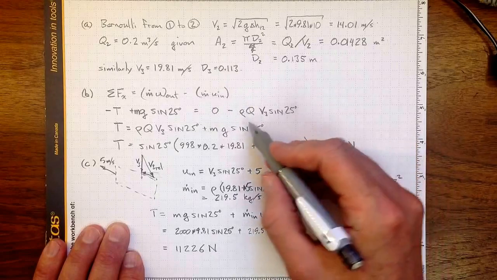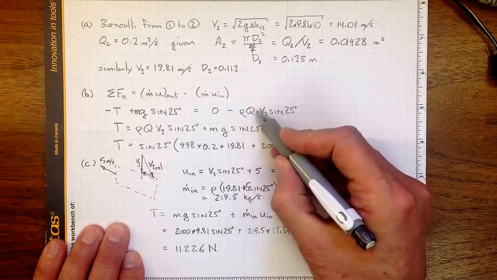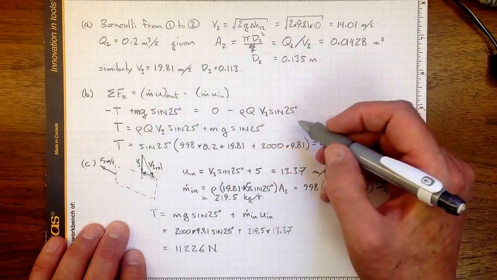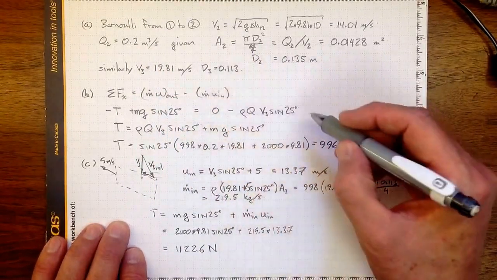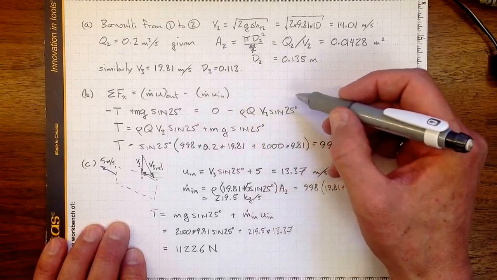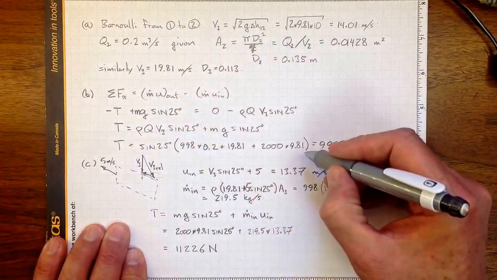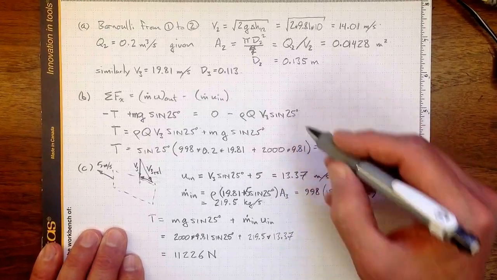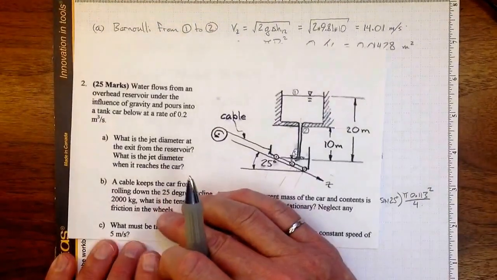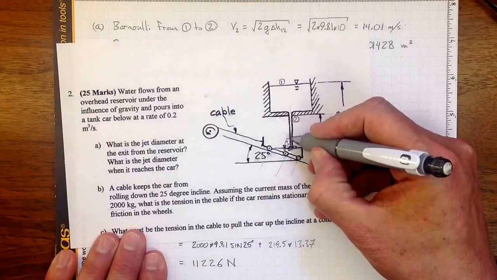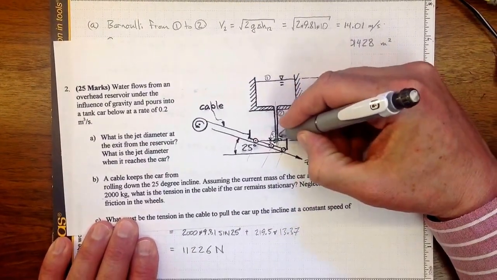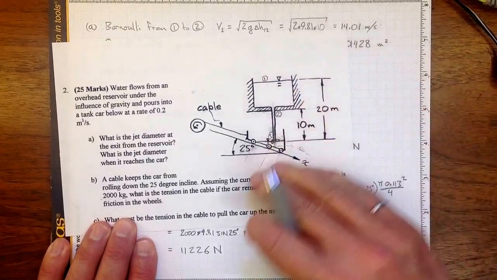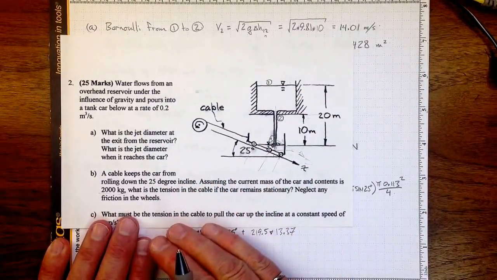M dot u in, density times flow rate, and we're given the flow rate, gives us m dot, and u in, the component in the x direction, is v3 times sine 25 degrees. Because as it comes down at v3 here, only some of that is oriented in the x direction. The rest is oriented in the y direction.